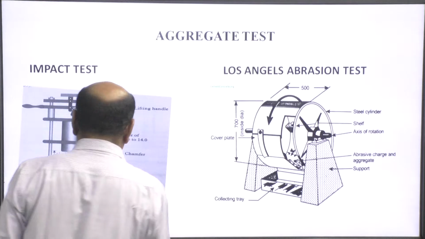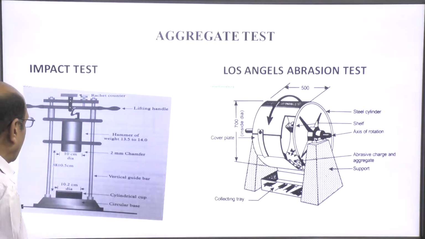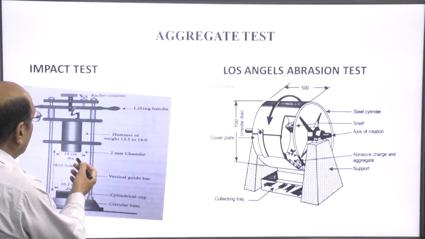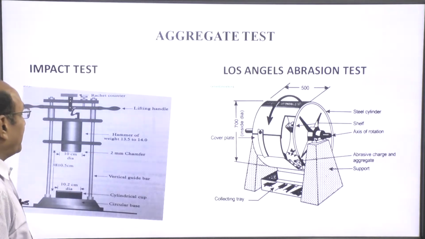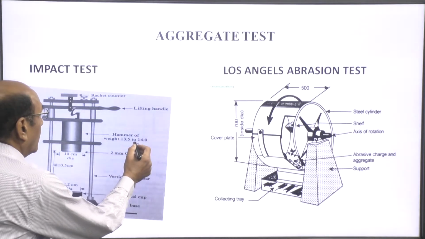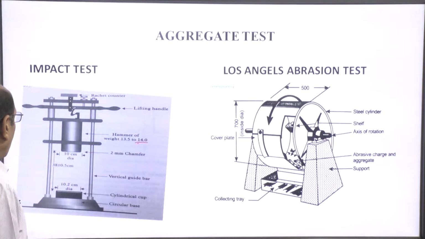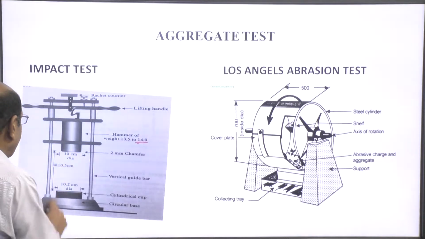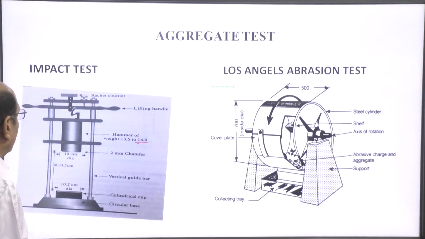This is the cylindrical cup of 10.2 centimeter inner dia and this is the hammer of weight 13.5 to 14.0 kg. The height of fall of the hammer is 38 plus minus 0.5 cm.